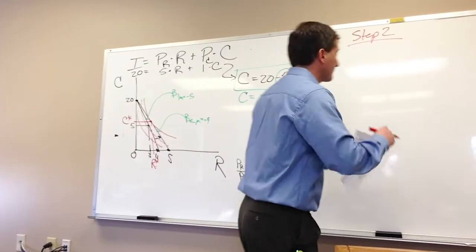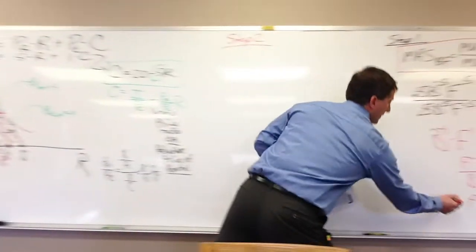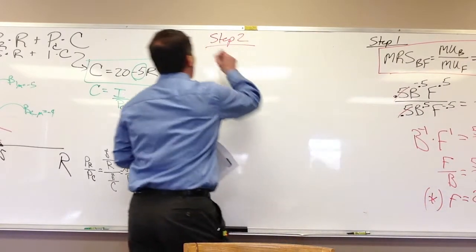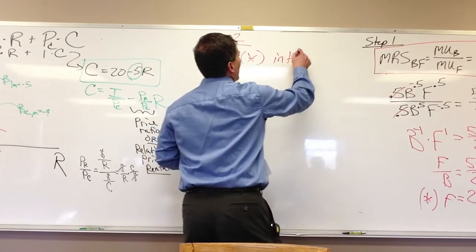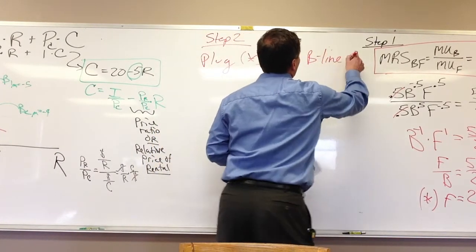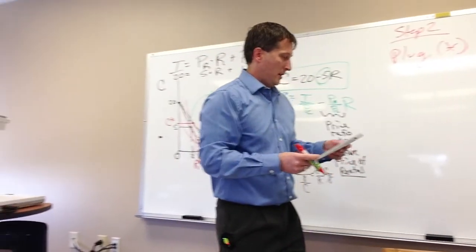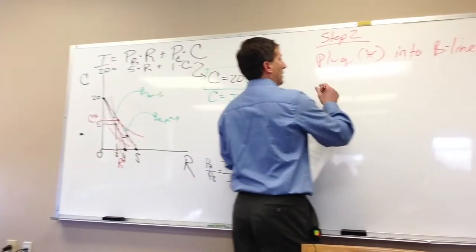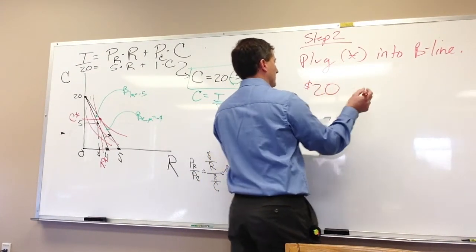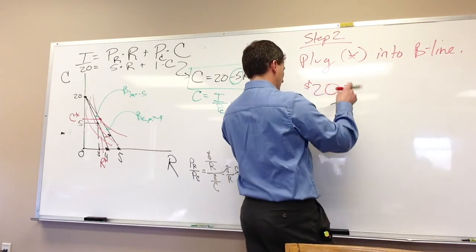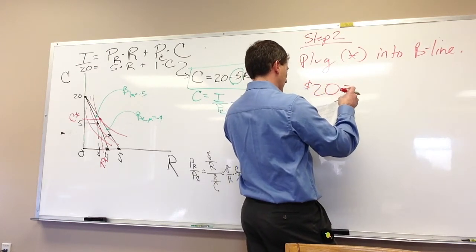You got it. So let's call this equation star. Plug equation star into the budget line. Depending on how you wrote that, the budget line was equal to 20, and our prices here were 5 and 2, right?